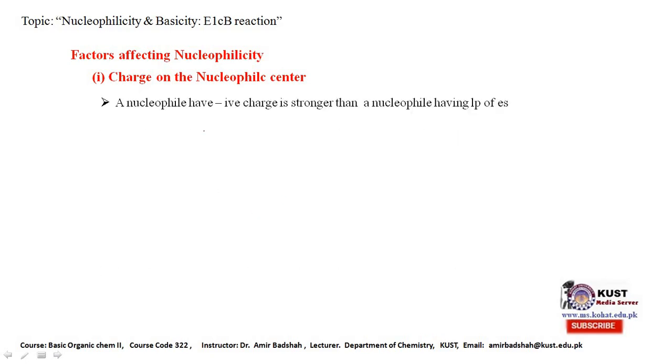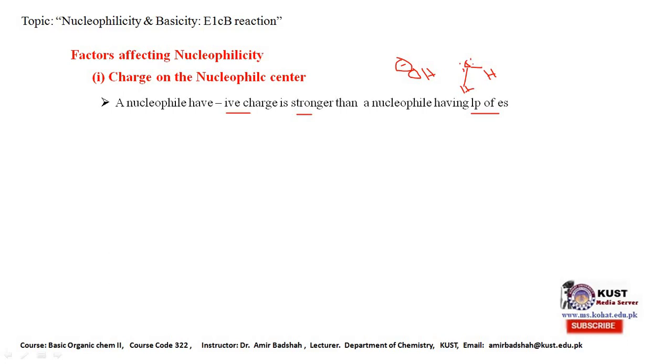Now we are coming to the factors which affect nucleophilicity. Number one is the charge on the nucleophilic center. A nucleophile which has a negative charge will be a stronger nucleophile than one which has a lone pair of electrons. For example, if we have OH with a negative charge, and on the other hand we have water, in both cases we have oxygen, but in the first case it has a negative charge, in the second case it has a lone pair of electrons.